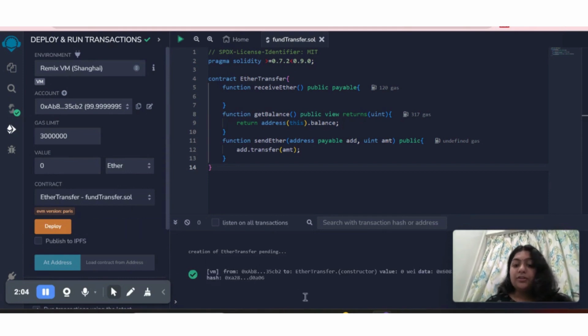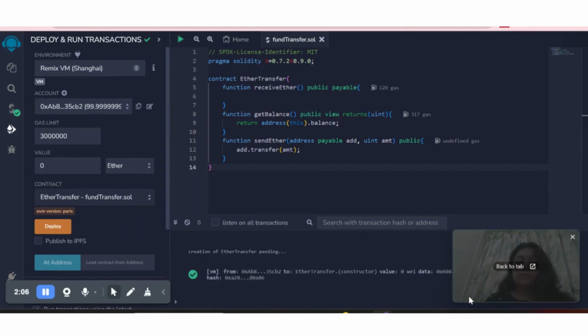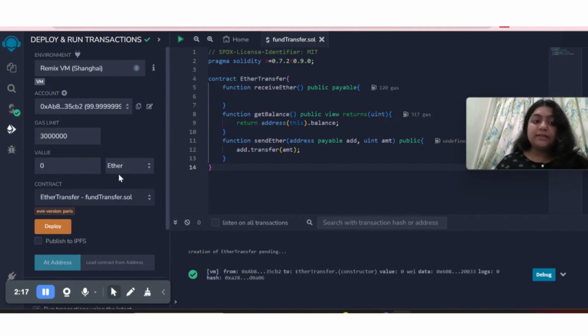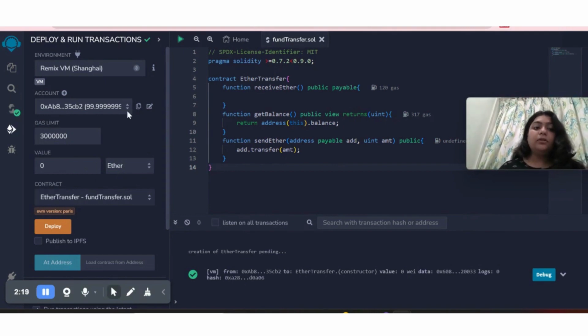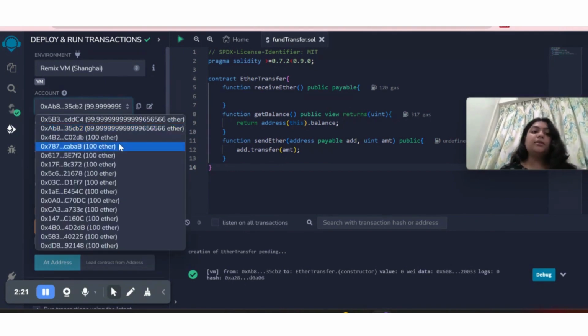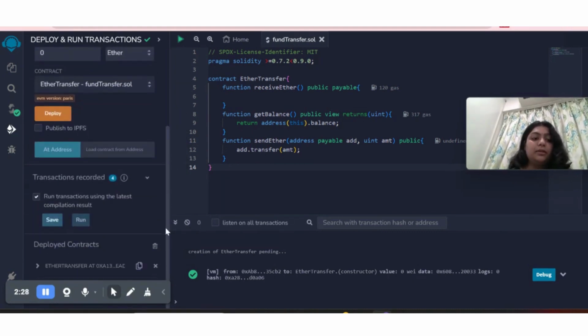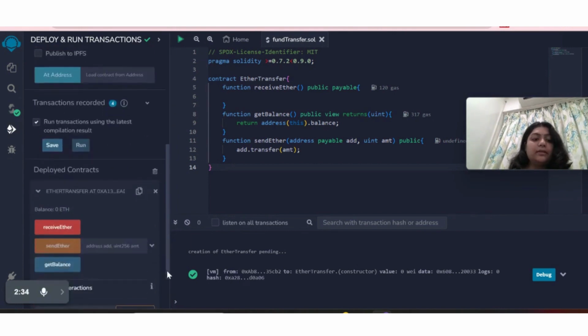The contract is being deployed. As you can see, the initial value is 0. The way in which we are transferring is ether. Now when we are starting the transaction, let us consider this account, ending in 7AB. Because it has been deployed, we can see the deployed functions.